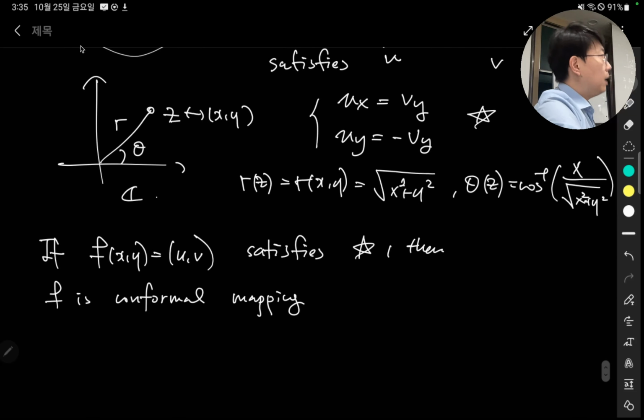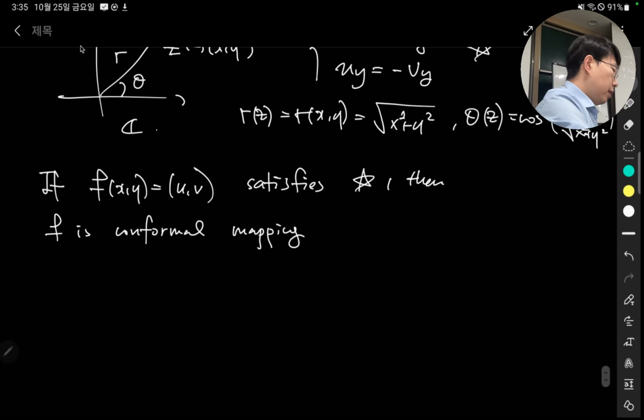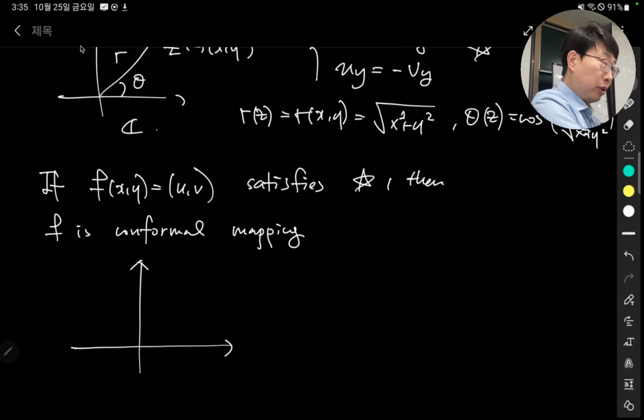Conformal mapping preserves angle. So think about r and theta. This is not a proof of why; this is going to give you an idea why we are doing this.